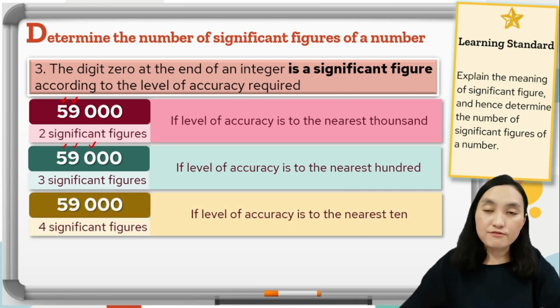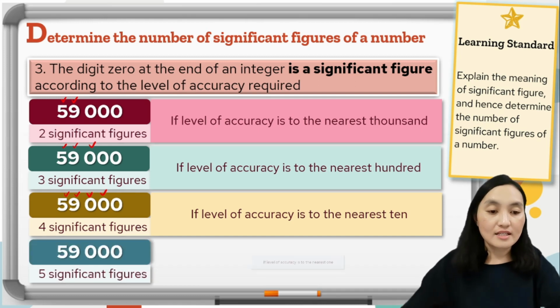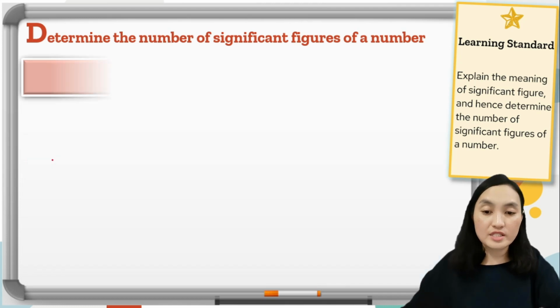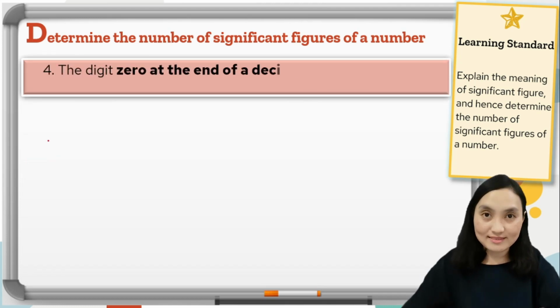It can be 4 significant figures as well if the level of accuracy is to the nearest 10. It can be 5 significant figures if the level of accuracy is to the nearest 1.